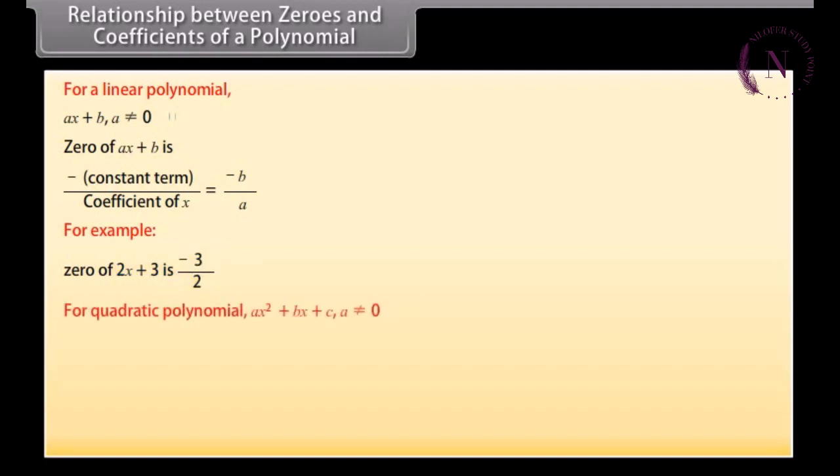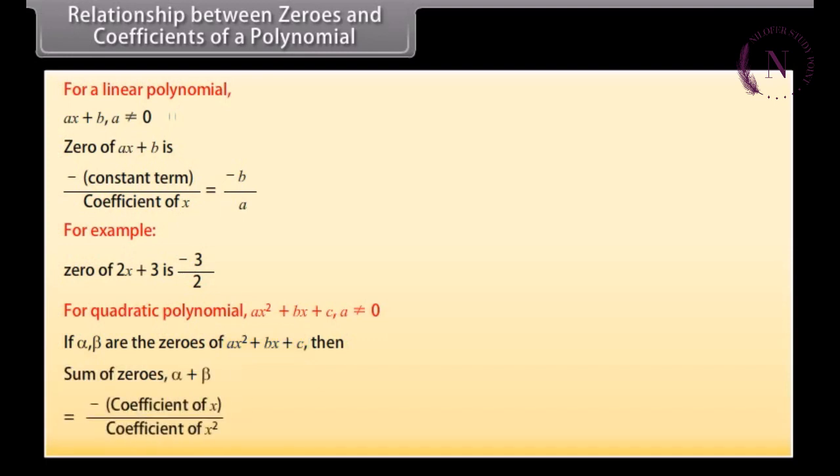For quadratic polynomial ax² + bx + c, a is not equal to 0. If alpha, beta are the zeros of ax² + bx + c, then sum of zeros, alpha + beta, is equal to minus coefficient of x upon coefficient of x square, which equals -b/a.